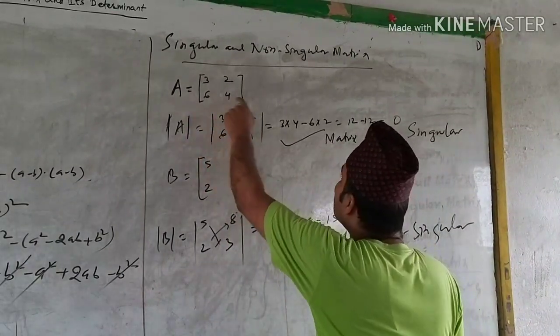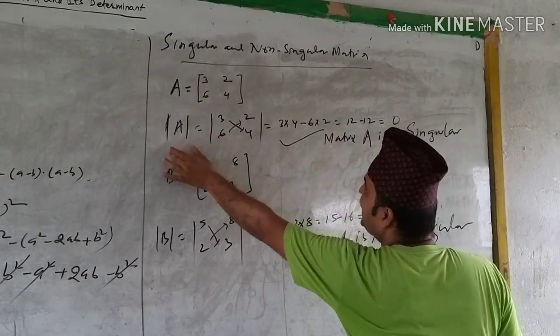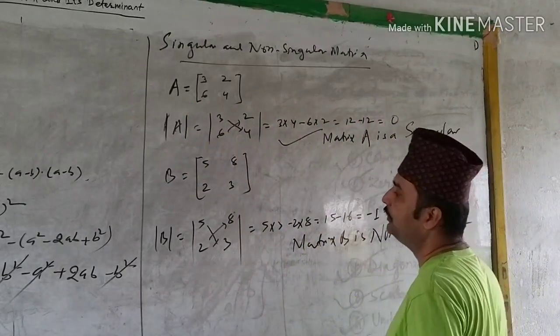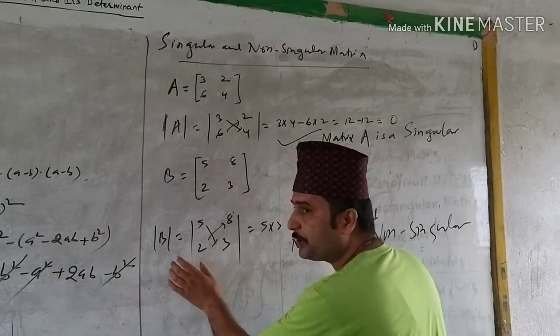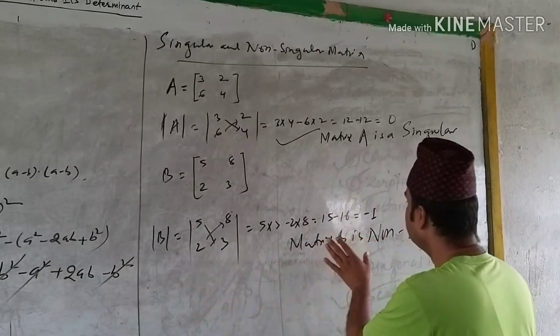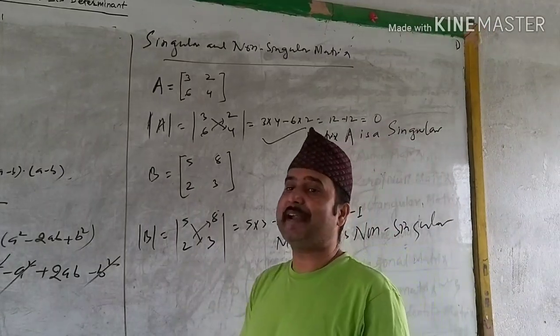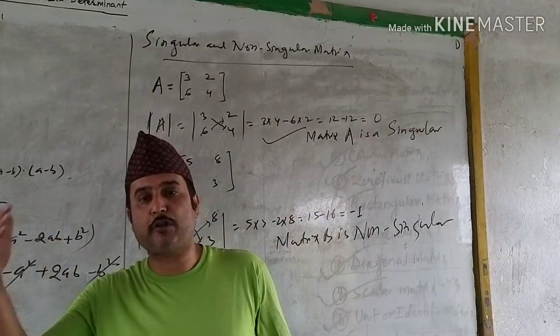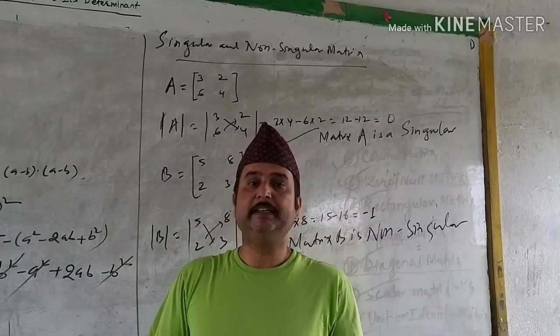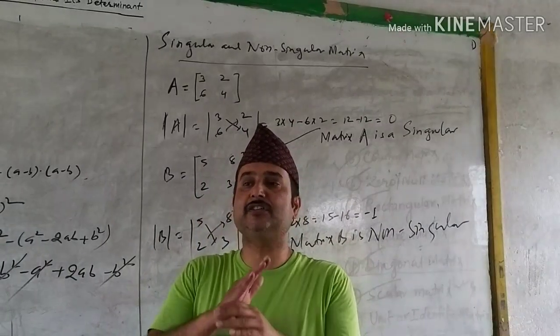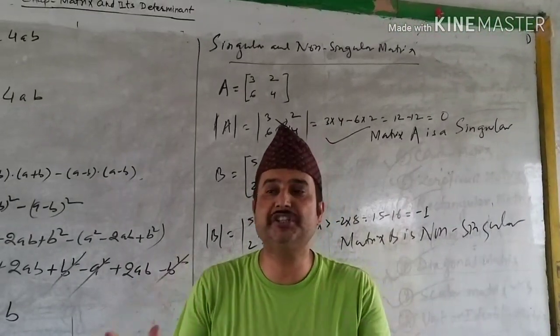Matrix A is a singular matrix because its determinant is 0. Matrix B is non-singular because the determinant of matrix B is not equal to 0. So if the determinant of any matrix is equal to 0, it is a singular matrix. If the determinant of any matrix is not equal to 0, it is a non-singular matrix.